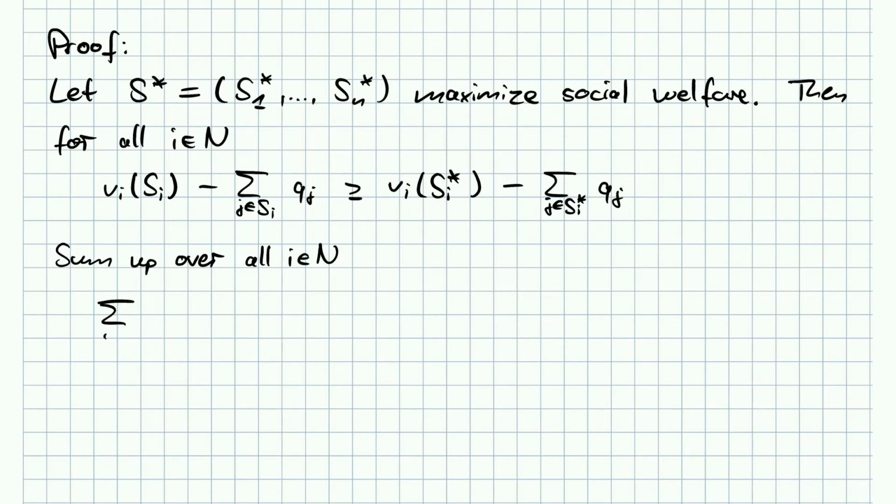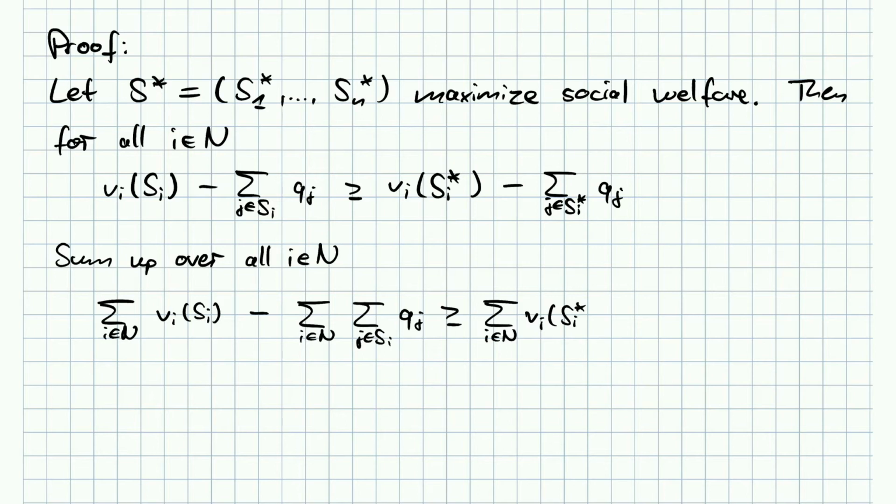We are now getting the sum of all i in N of v_i of S_i minus the sum of all i in N, sum of all j in S_i, of q_j. This will be at least the sum of all i in N of v_i of S_i star minus the sum of all i in N, sum of all j in S_i star, of q_j. Good.